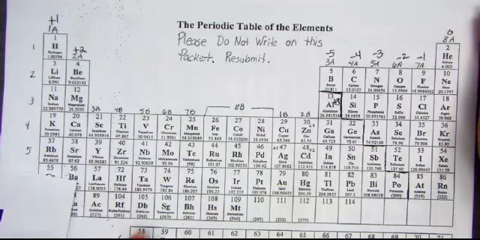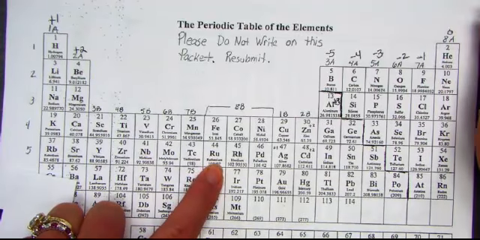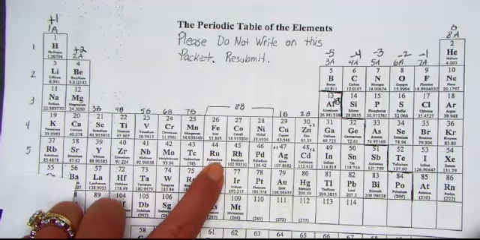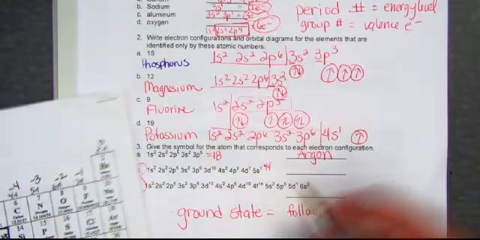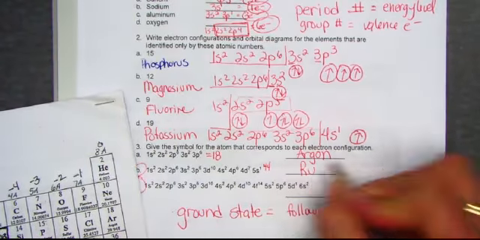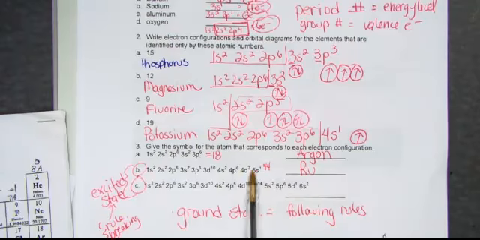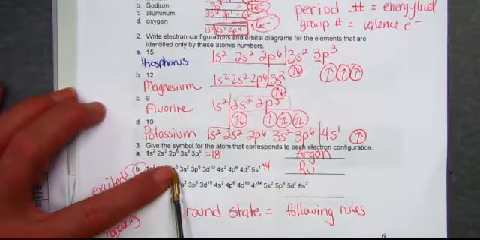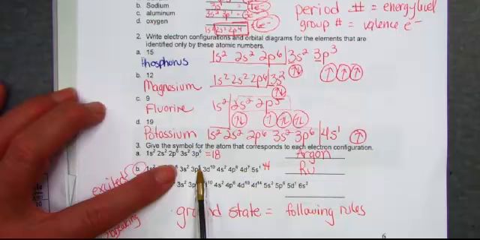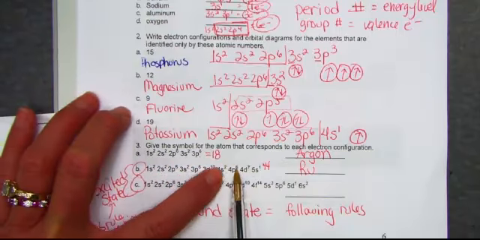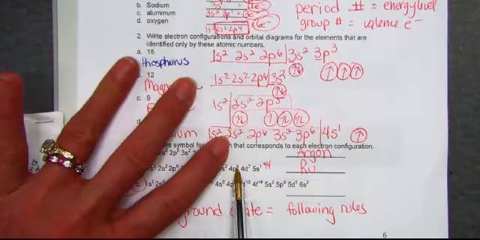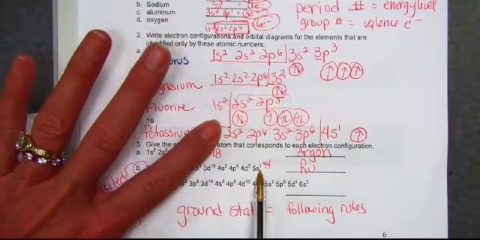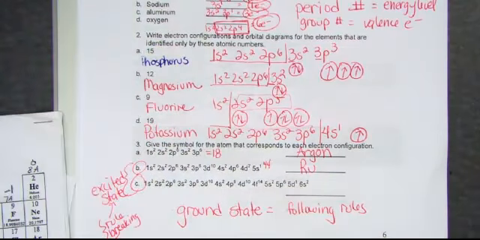Number 44, Ru, ruthenium. I'll count again just to be sure: 10, 18, 28, 29, 30, 36, 37, 38, 39, 40, 41, 42, 43, one more, 44, ruthenium.